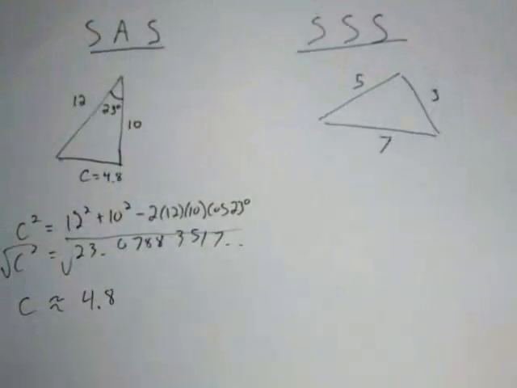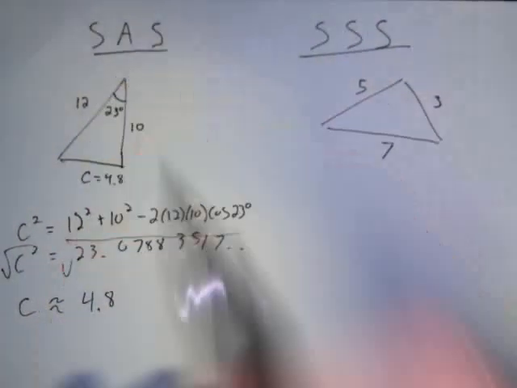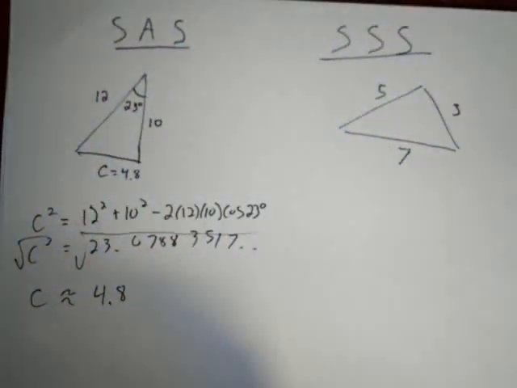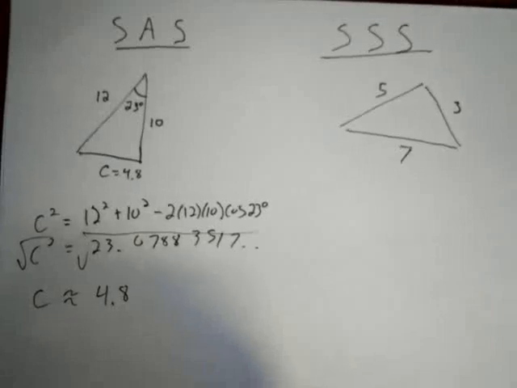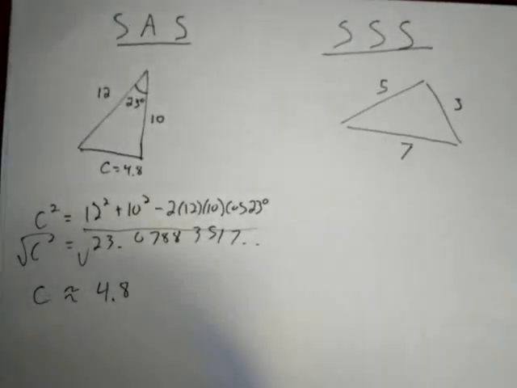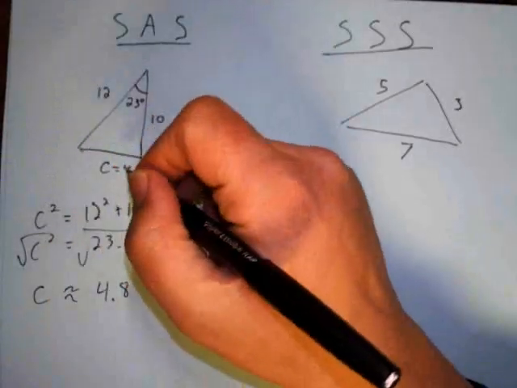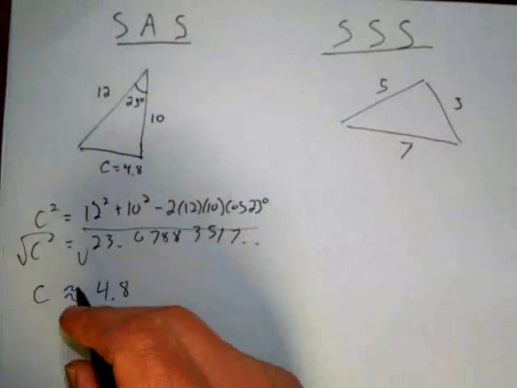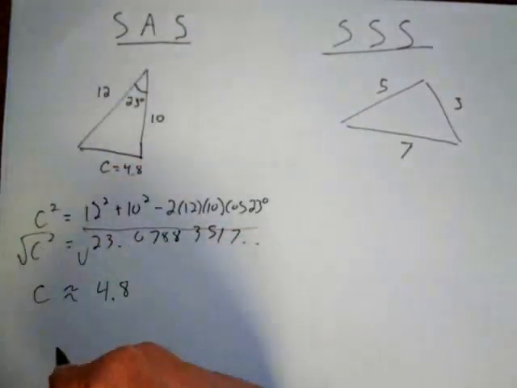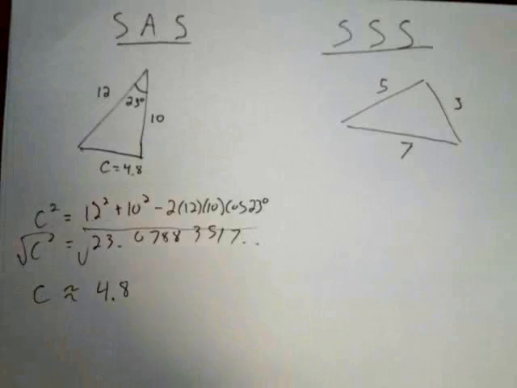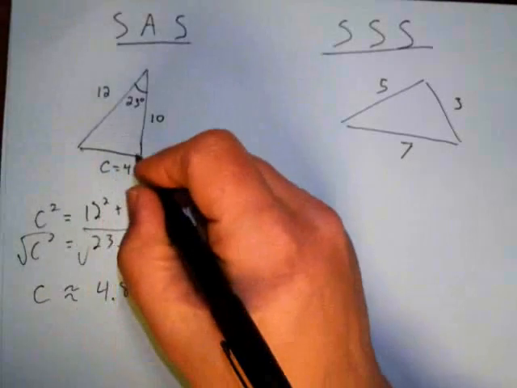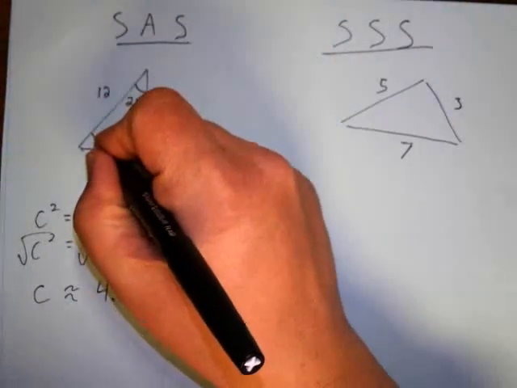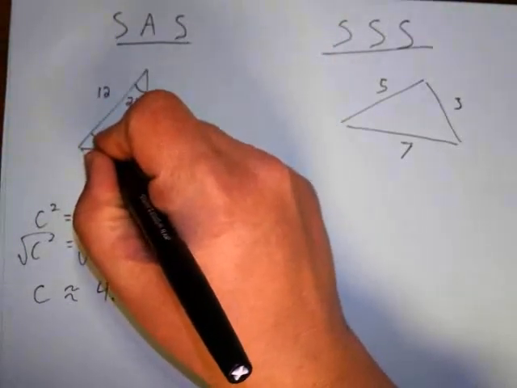Okay, and that's the idea of the law of cosines. Now, if I wanted to solve the triangle, I would need one of these other angles, and I could use the law of sines now, because I have this side opposite of that. I'll find this angle, we can call that alpha.